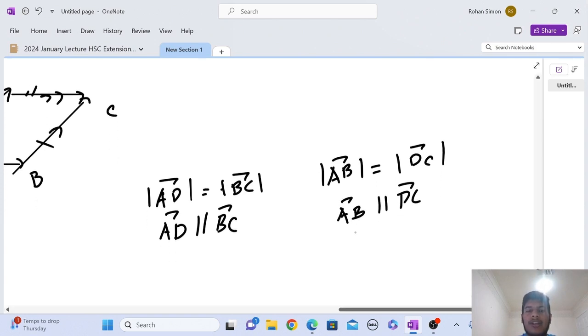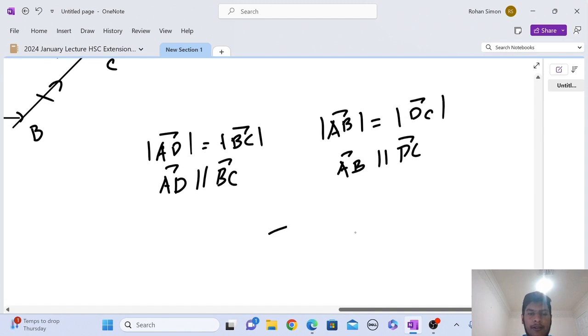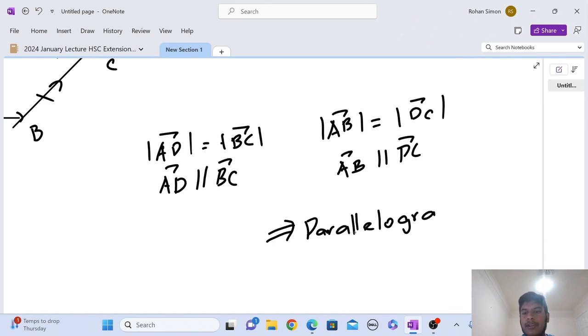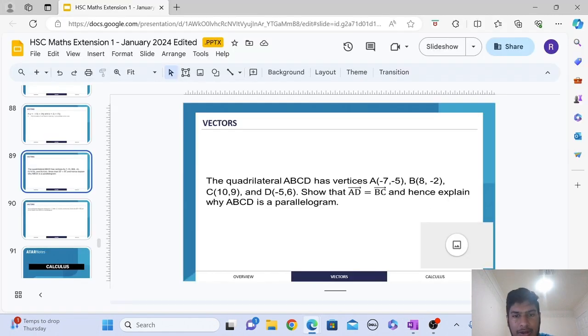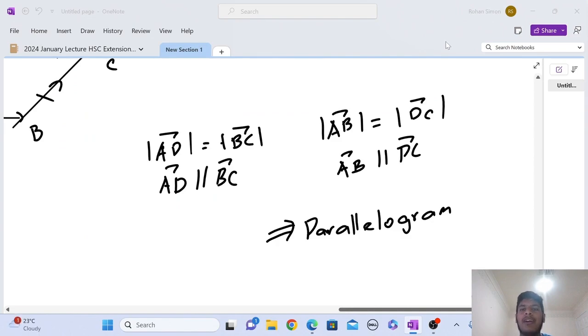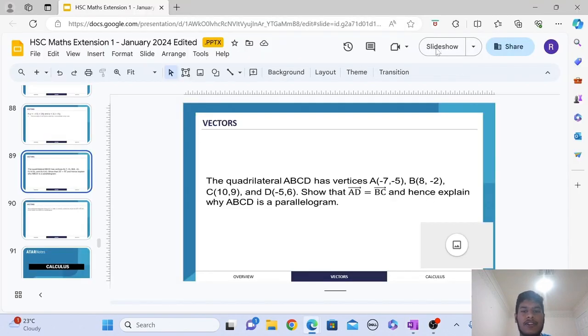And so we've shown that we've got two pairs of sides which are equal length and parallel, and therefore it must be a parallelogram. And that's that. We've proven that it's a parallelogram. Hope I spelled that right. It looks right, I think. But that's it for that question.